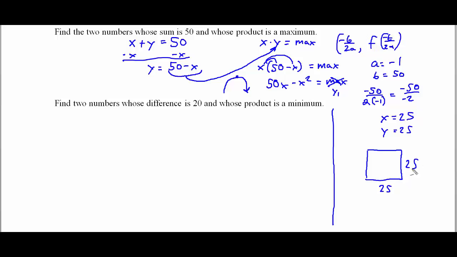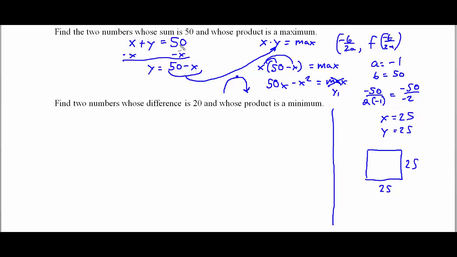So a 25 by 25 inch object is going to be the biggest on the inside. I think it's 625, 25 times 25. But I digress. This is the maximum area that you can make with two numbers that add up to 50.